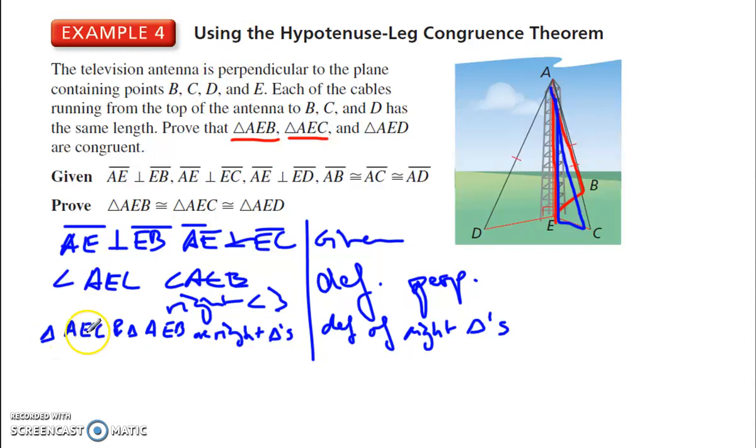Therefore, we can say that triangle AEC and triangle AEB are right triangles.